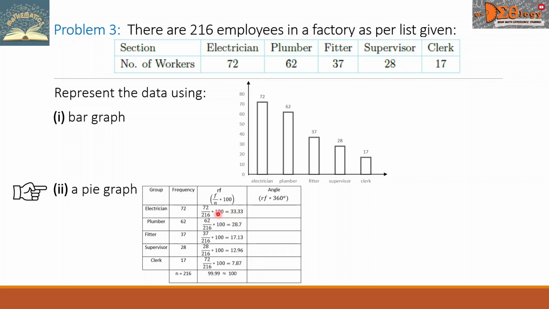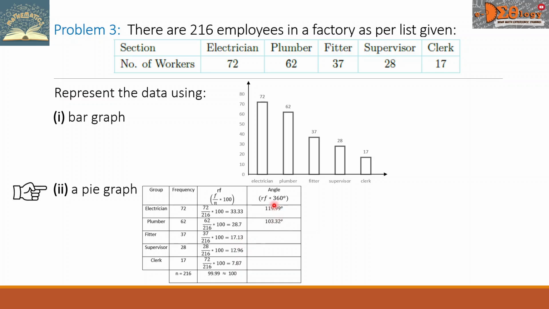So when we convert this to decimal, that will be 0.3333 times 360 degrees. The answer is 119.99 degrees. Next, here is 0.287 times 360 degrees. We will get 103.32 degrees.